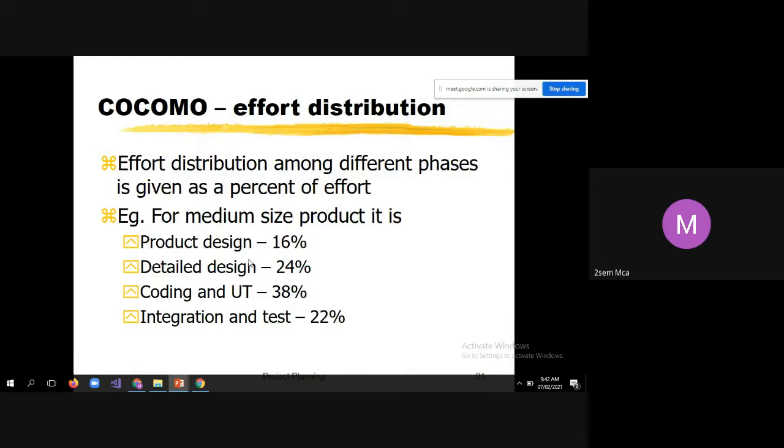So product design takes 16% of the effort, detailed design occupies 24% of the overall effort, coding and unit testing 38%, and integration and testing 22%. From this, it is very clear that more effort is required in development. Development constitutes writing the source code and doing the unit testing, that is coding and unit testing.